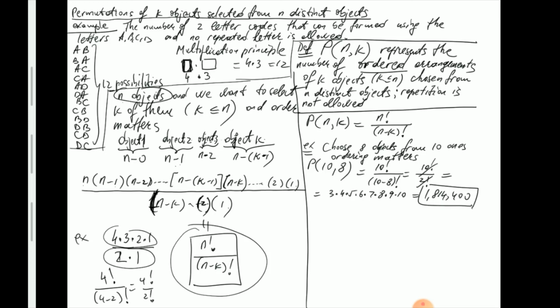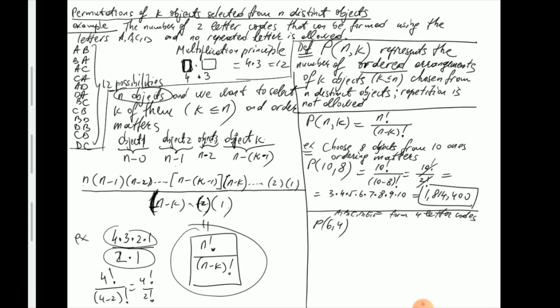Let's do a smaller one. Let's say I want to do the permutation of 6 comma 4. So we choose 4 letters out of 6. This would be like forming 4 letter codes out of 6 possible letters, right? So let's say you have the letters A, B, C, D, E, and F, and you want to form 4 letter codes.